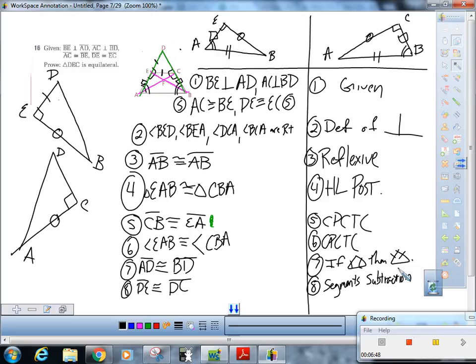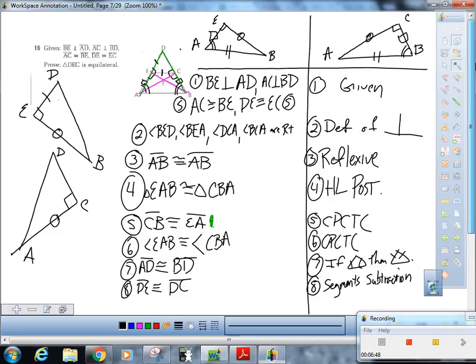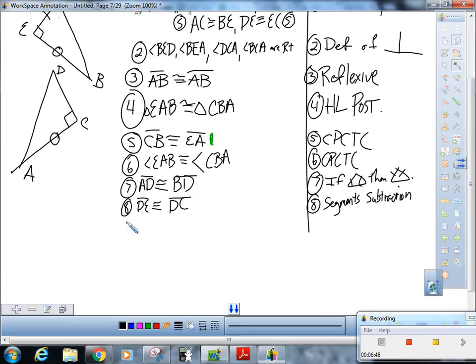Okay? Now, this is kind of a weird step here, but you're given that EC is congruent to DE from the given. So now I'll write EC is congruent to DE is congruent to DC, and my reason for that would just be substitution or transitive.